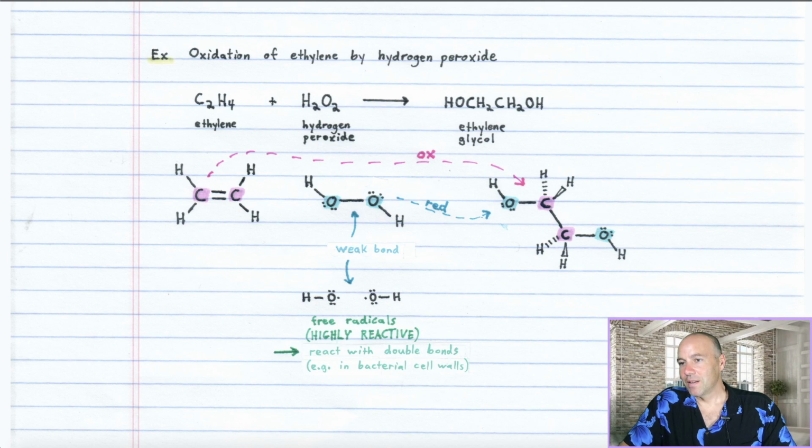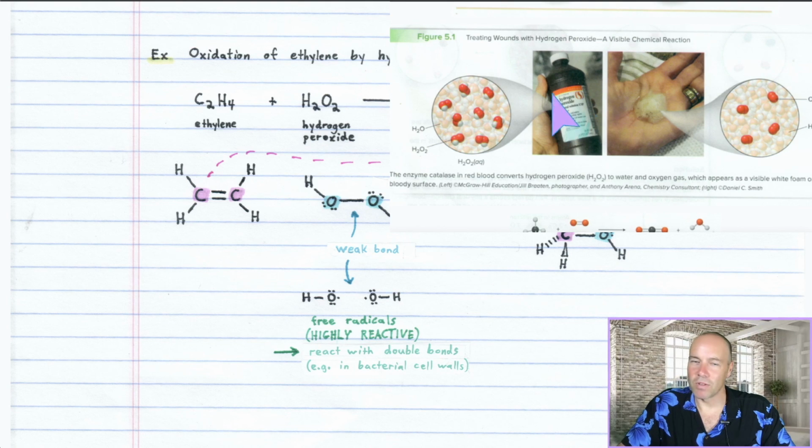Now, you've seen hydrogen peroxide at work in medicine. So let me show you that picture in your textbook. So here it is. You have hydrogen peroxide. This is a hydrogen peroxide water solution. And you pour that on a cut and you get all these bubbles that form.